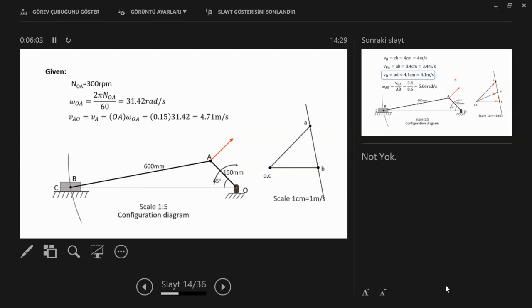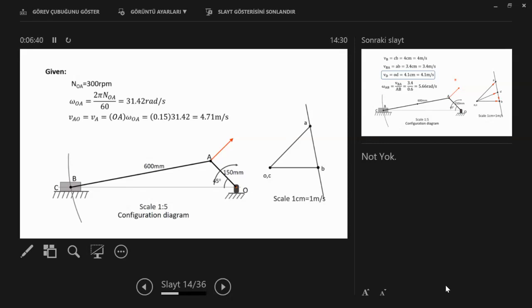And if we know the magnitude and direction, we know the speed. So let's come to A. A, we know the magnitude, isn't it? We can calculate. Magnitude is also known, and the direction is also known, because it must be perpendicular to that line. Tangential speed or linear speed. So this is also known.